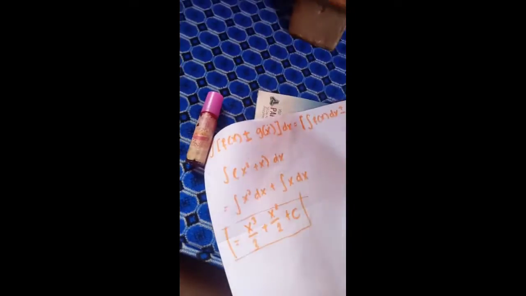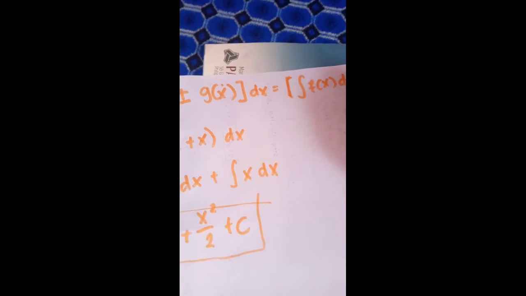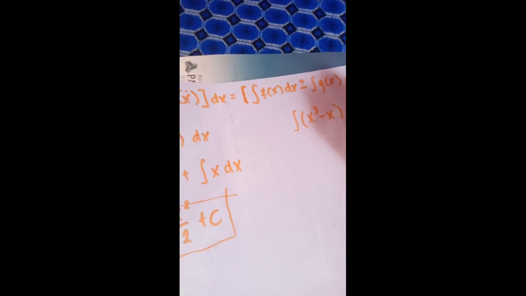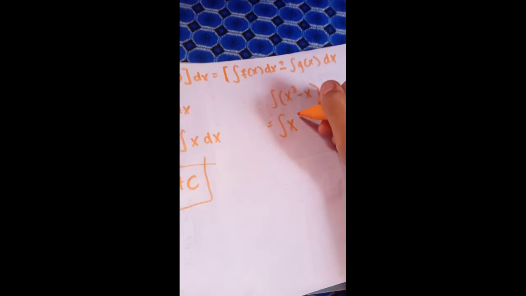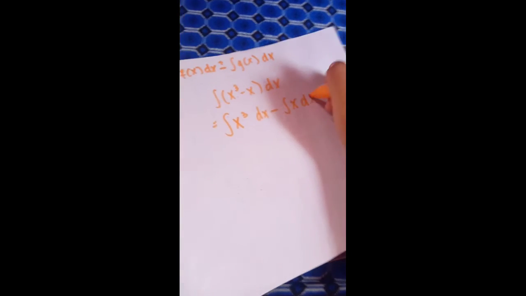And another example is the difference. For example, the integral of x cubed minus x dx is equal to the integral of x cubed dx minus the integral of x dx.